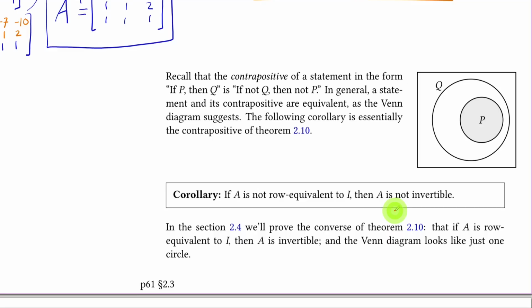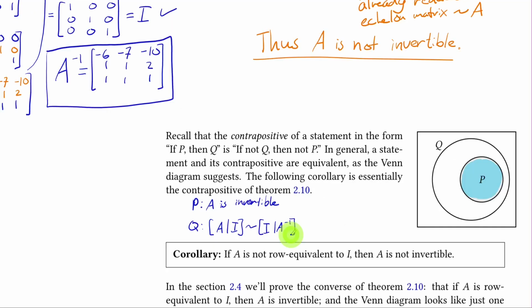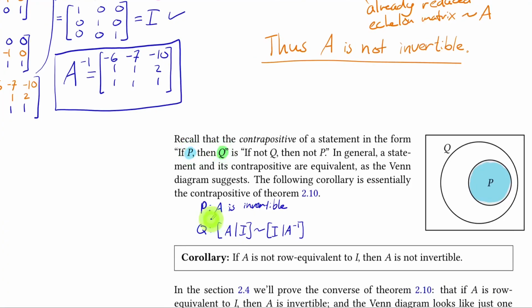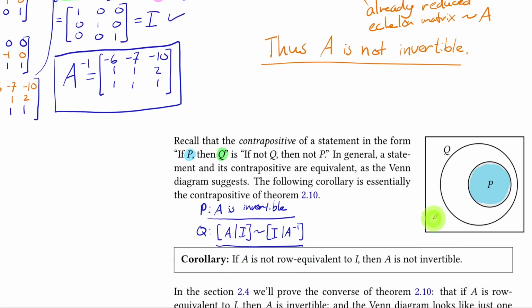So in this case, just to illustrate here, the if P then Q of that theorem we just saw is if A is invertible, then these matrices are row equivalent is the Q. Now, another way to say this is the contrapositive, which is if A is not row equivalent to I, that means not Q. Like if you're out here, if Q is false, then A is not invertible, meaning you're also outside of P.